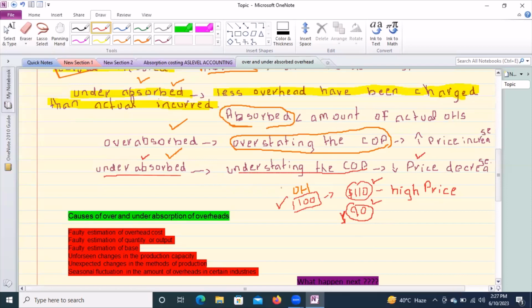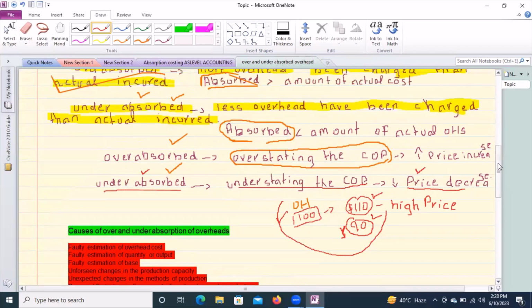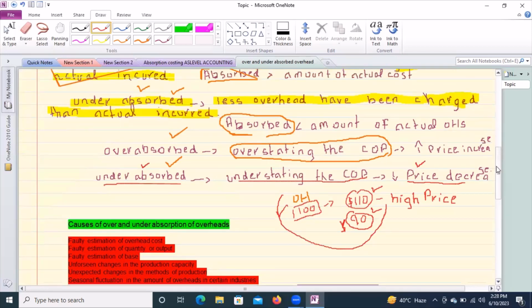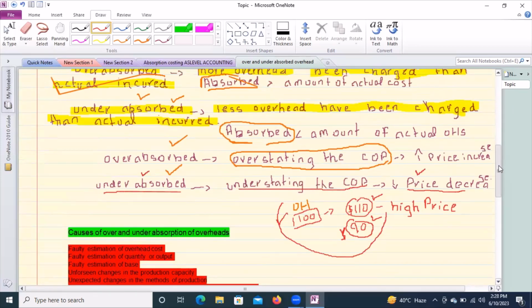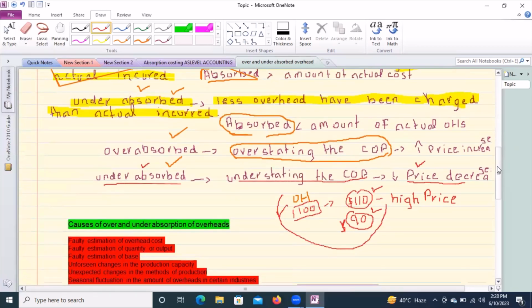So you can reverse this example if you want to understand this concept. Okay. If your price decreases, it will skew the profitability of your income statement. So this will happen if your forecasted or budgeted production overheads are over absorbed or under absorbed. Okay.